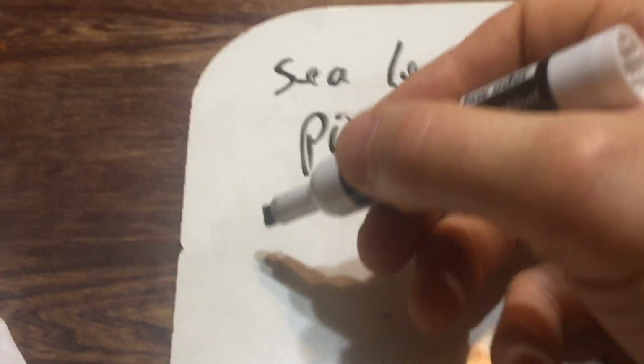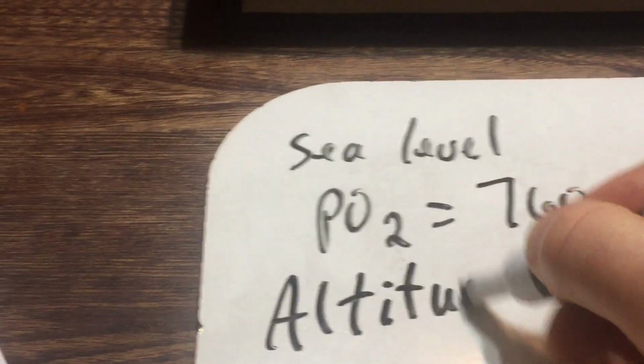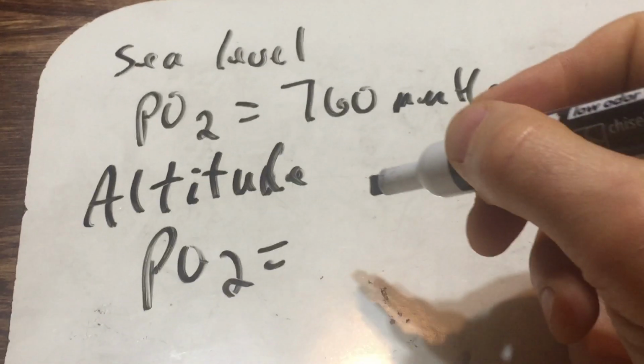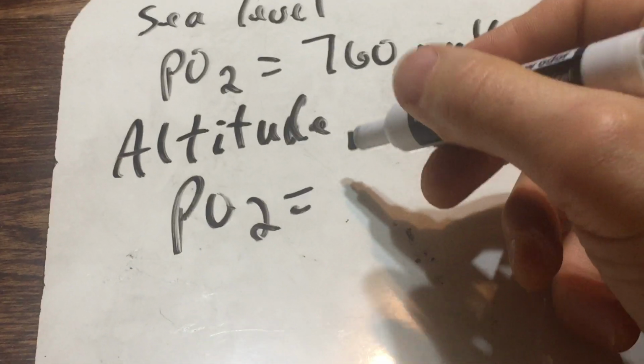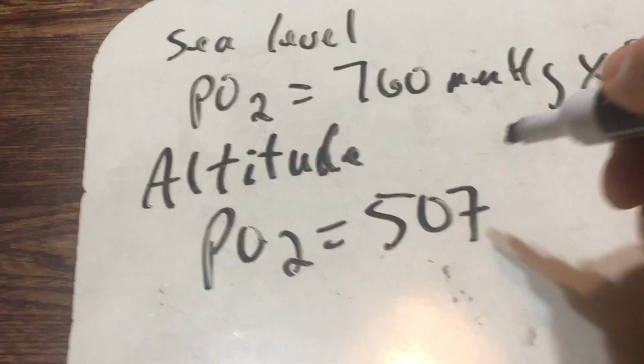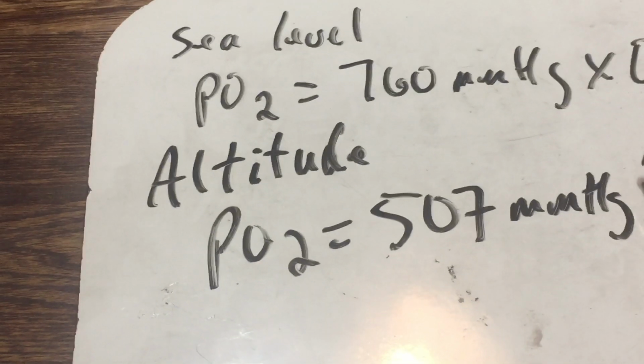Now what happens at altitude is that you get a reduction in your atmospheric pressure. So I'm just picking an arbitrary value here of 507 millimeters of mercury.